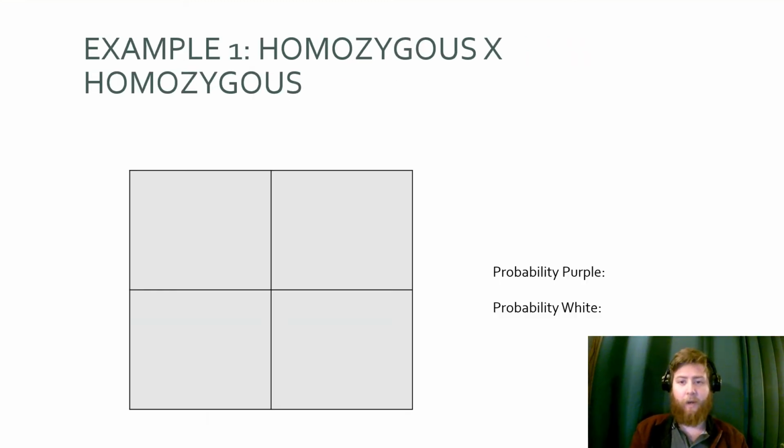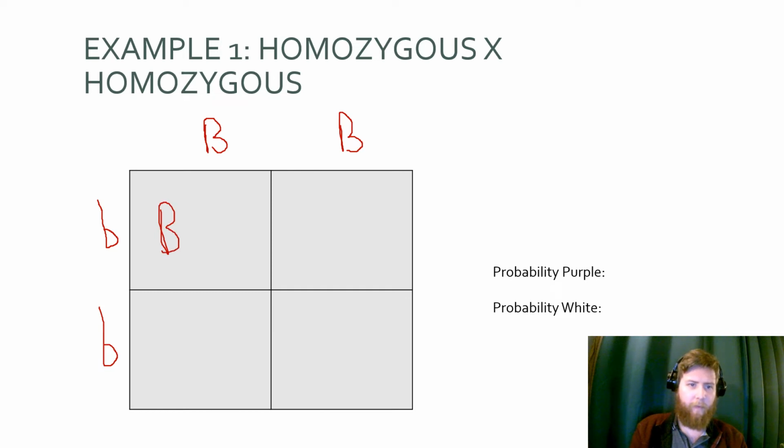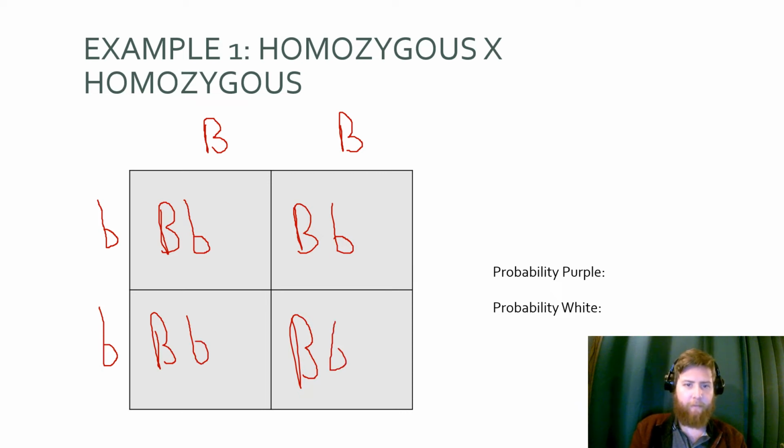All right, our example 1, we're going to do homozygous versus homozygous, and we're looking at flower color here. So let's go homozygous purple, big B, big B, the dominant color, and then homozygous recessive, little b, little b. What you do with a Punnett square is you take the big B all the way down, and then this big B all the way down, and then you take the little b across, little b across, little b across.